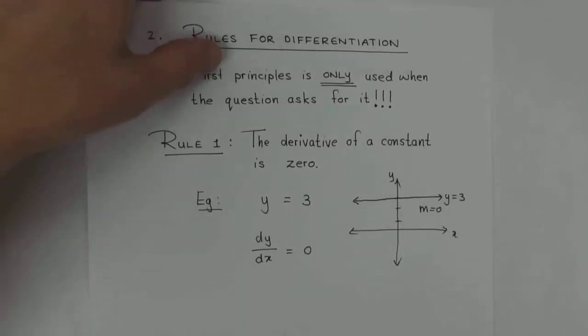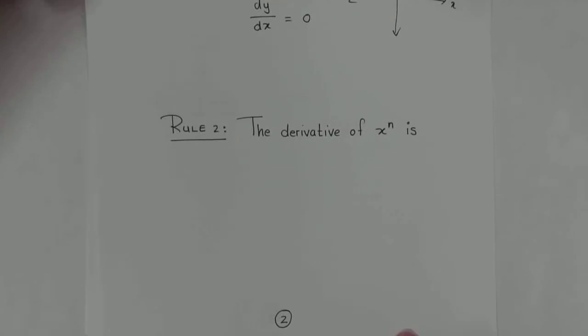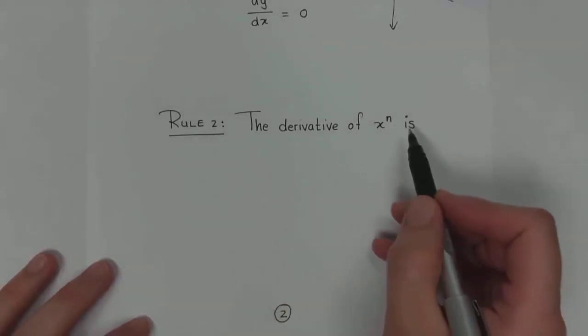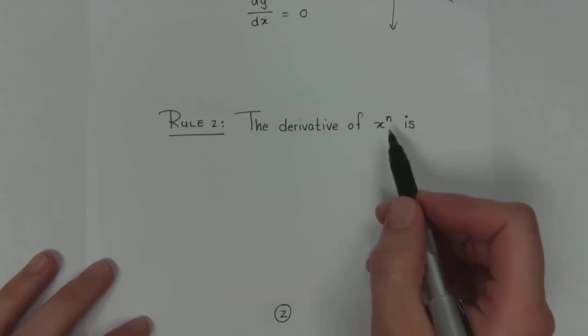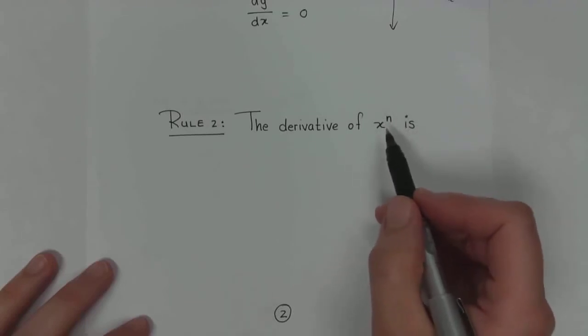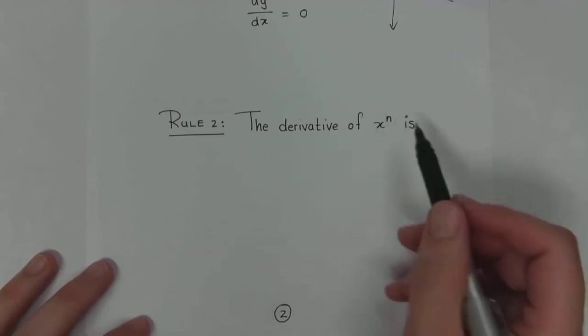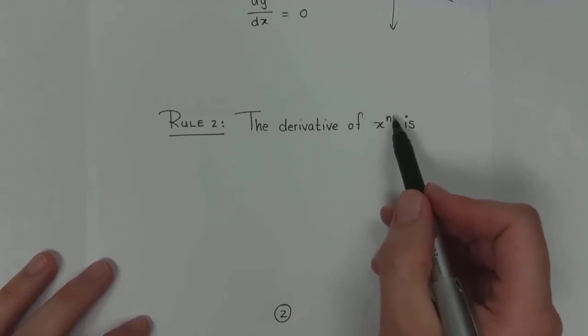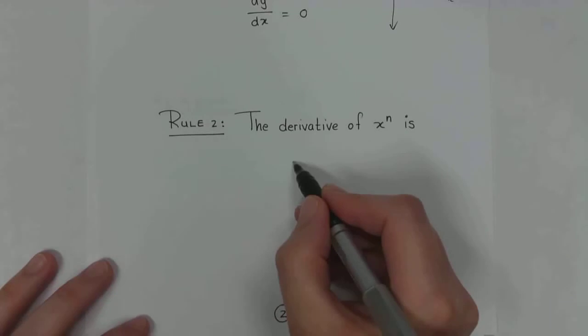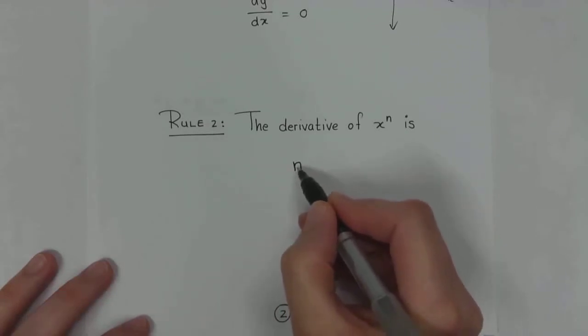Right. Now the next rule for differentiation says the derivative of x to the power of n is. Now this is very, very important to understand, and we are going to practice some very basic examples on this again and again. So the derivative of that particular function, very simply, I do this. I take the exponent, in this case n, and I write that exponent over here, in front.